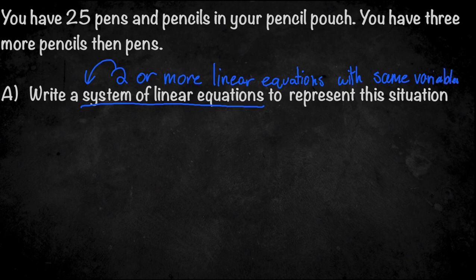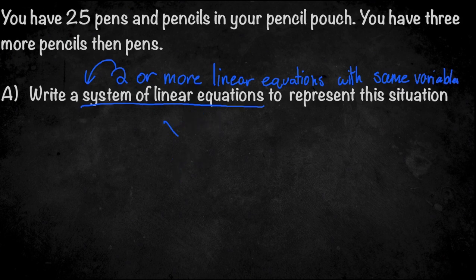For example, you can't have, let's say, x minus 5 equals 1 and y plus x equals 2. This equation doesn't have a y, so this wouldn't be counted as a system of linear equations, right?